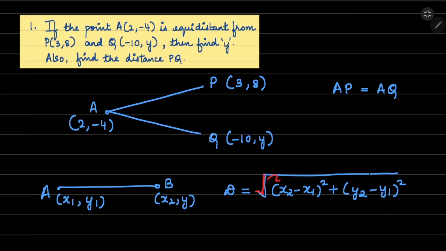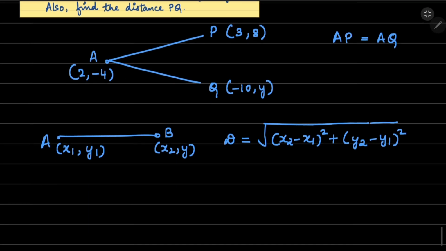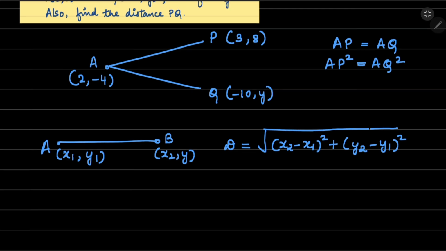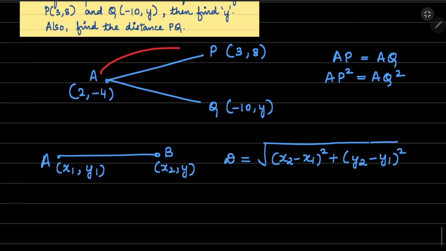But in order to remove the square root from the distance formula when you apply from A to P and A to Q, we can square it on both the sides. So AP square is equal to AQ square. Automatically, the distance between A to P in the formula will get squared, so the square root will get removed.